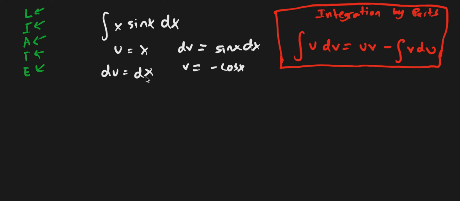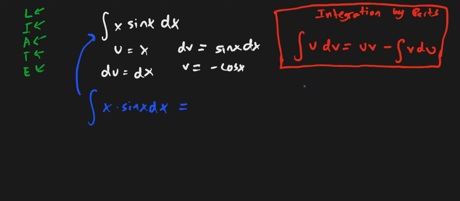Okay, so now we can use this formula here. Let me do this in blue. So this is the antiderivative of x times dv, so dv is sine x dx, so x times sine x dx, and that's literally this.